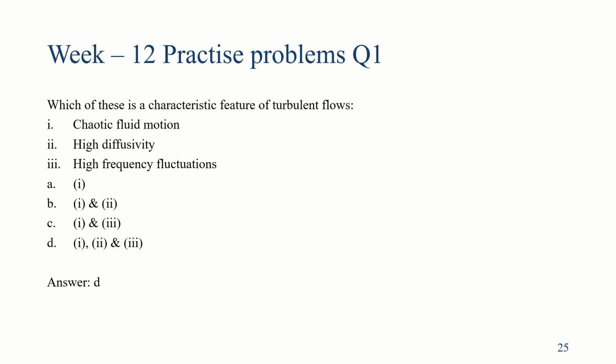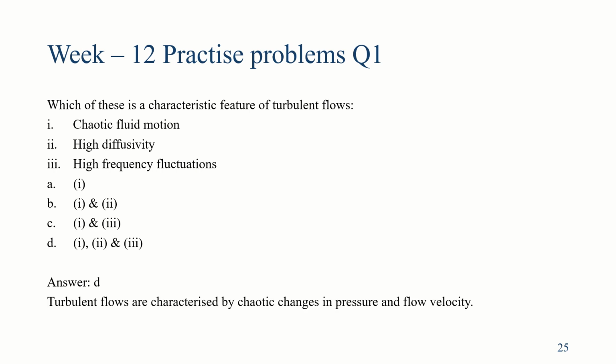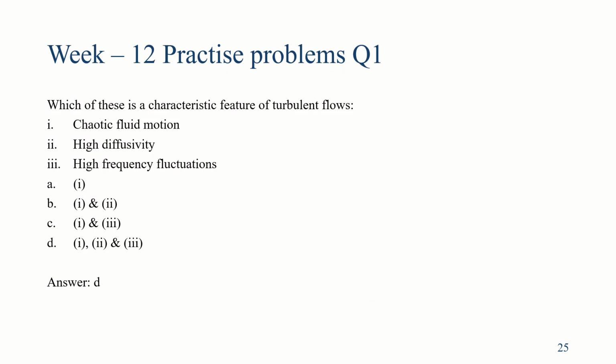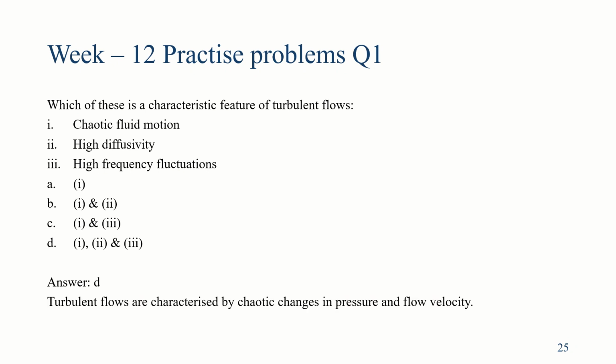Second one, high diffusivity. This is true because at a faster rate of movement the information exchange is also higher, so we call it higher diffusivity as well. And third, high frequency fluctuations are higher in turbulent flows. So option D is the right answer. Turbulent flows are characterized by chaotic changes in pressure and flow velocity.